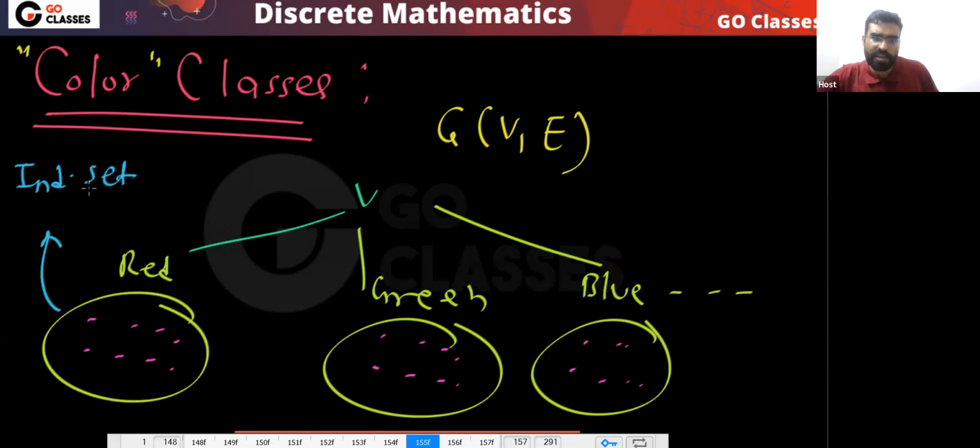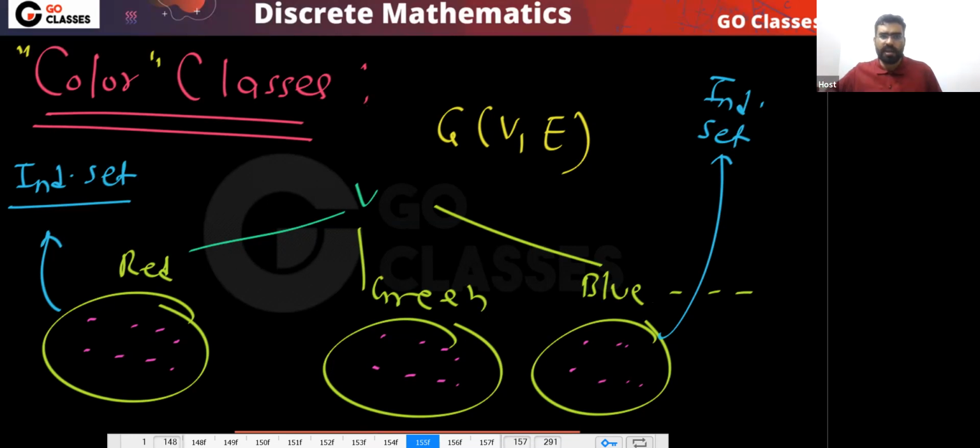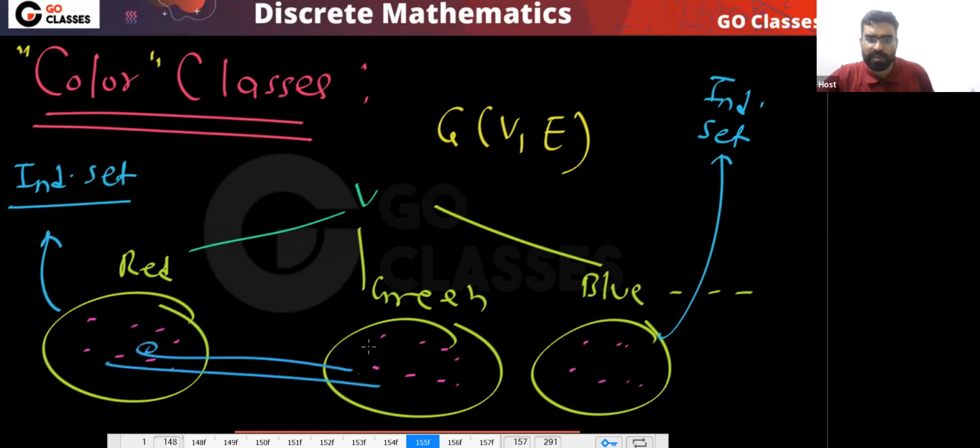But is it possible that there is an edge between different classes? Yes, this is possible. There is no problem. These things are possible.